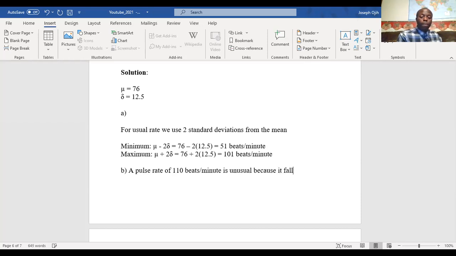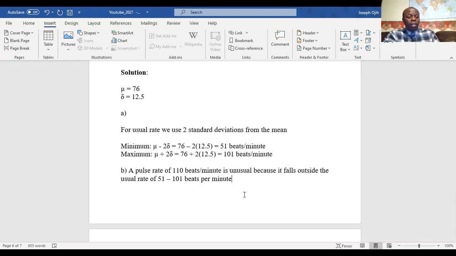It falls outside the range of the usual rate of 51 to 101 beats per minute. See, it's unusual. If it is 50, it's also unusual because it doesn't fall within that range. Okay, I hope you enjoyed this one too. So this is one of the ways we can apply the empirical rule.